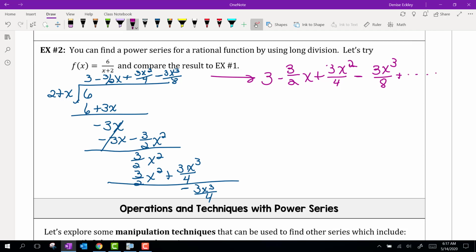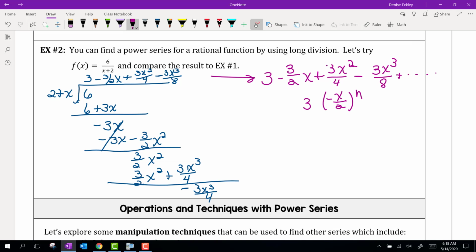And if you notice, this can be simplified to 3 times negative x over 2 to the n, which is the same result we got before. So our power series representation for this function is spot on.